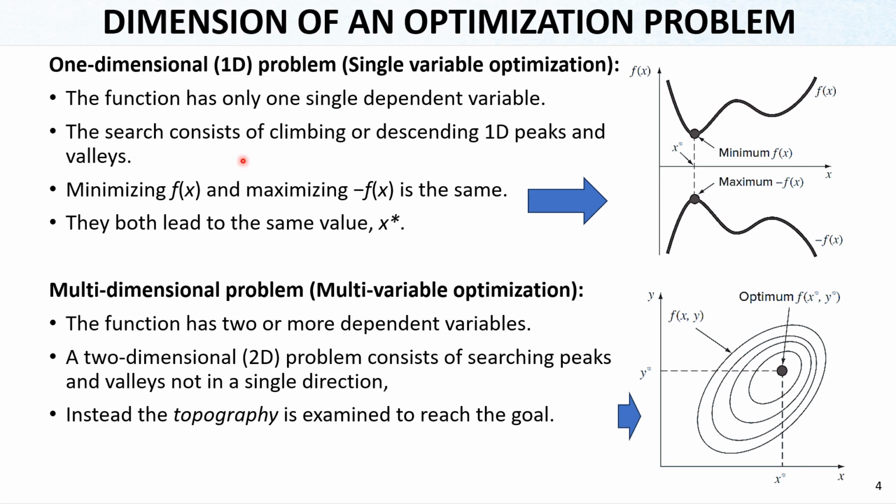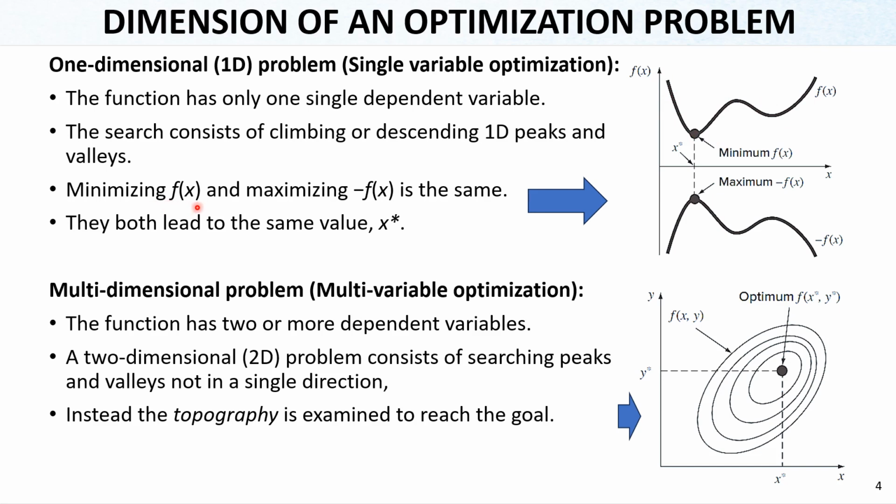And the search consists of climbing or descending 1D peaks and valleys. You can see here it's just going down or up on a curve, but the movement is in only one path, we can say.